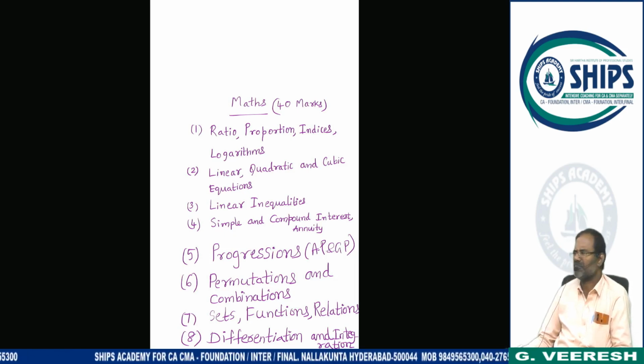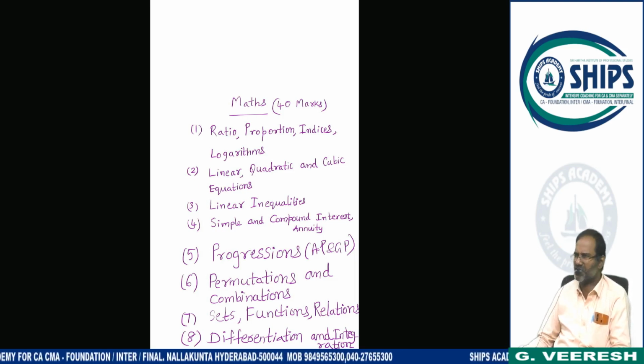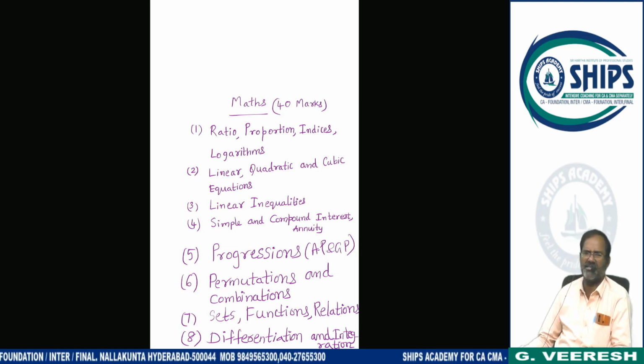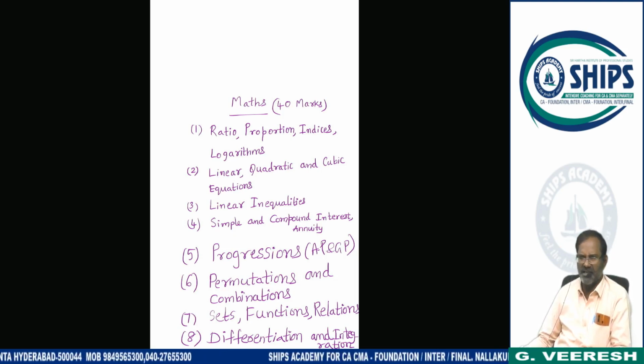Now, about these chapters: ratio, proportion, indices, logarithms. These are completely introductory. What are indices? What we have studied in 7th, 8th, 9th, 10th. And linear, quadratic and cubic equations: straight line equations, polynomials, studied in 8th and 9th.